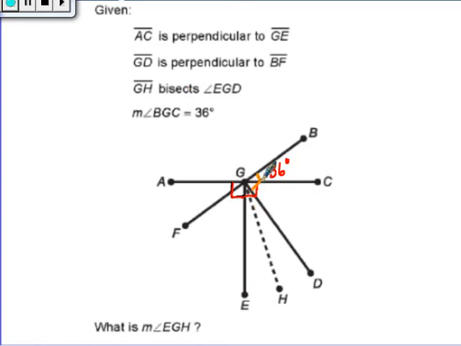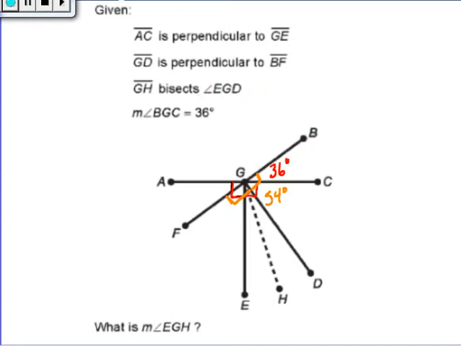So that makes this a right angle, and it makes this a right angle. Guys, if this is 36, it just told us that this BGD is a 90-degree angle because it's perpendicular. If this is 36, then that makes this 54. Everybody follow me?